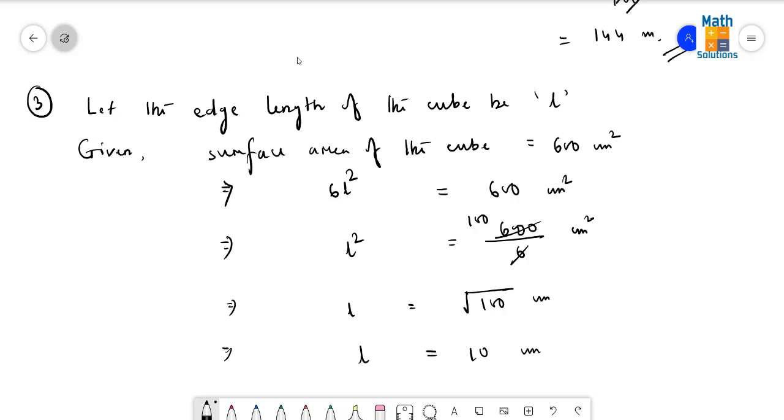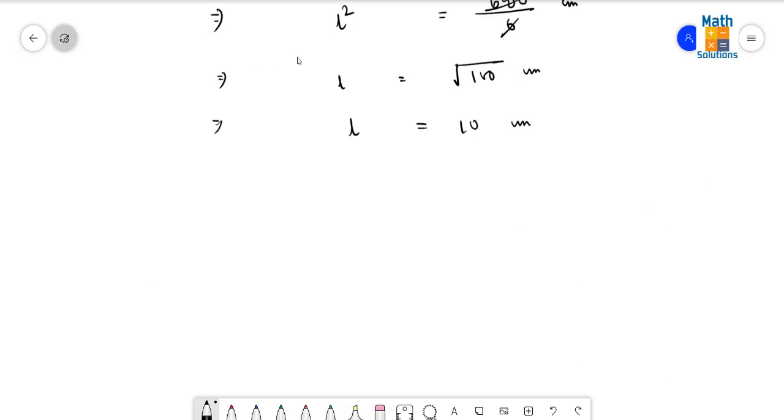Therefore side of the cube, we can consider side length or edge length or side also, no problem with that. So side or edge length, side of the cube, L is equal to 10 centimeters. So this is the answer.